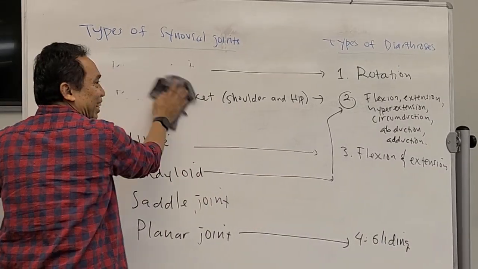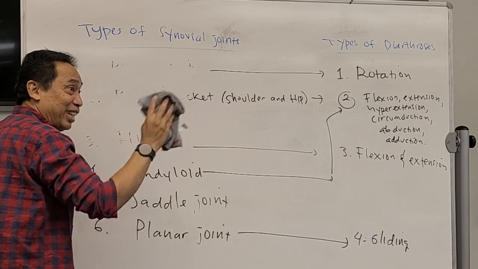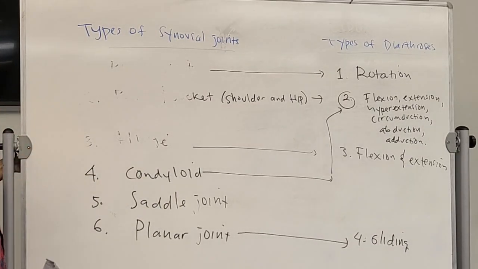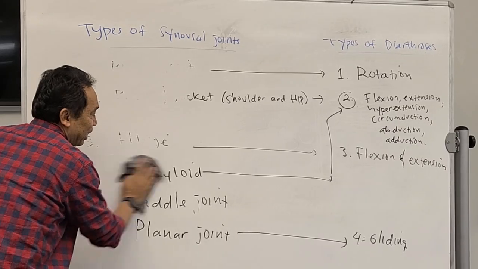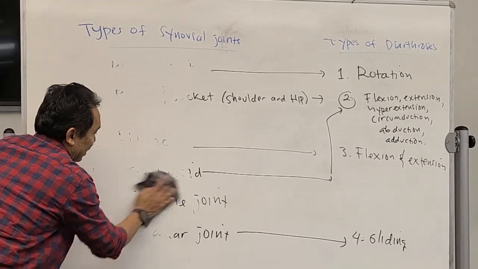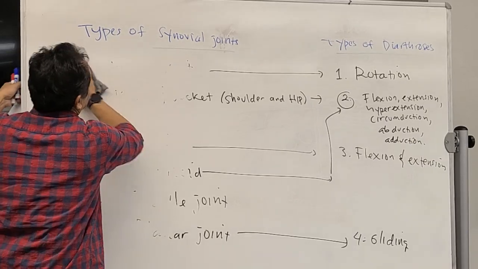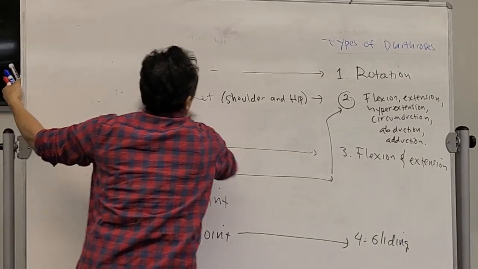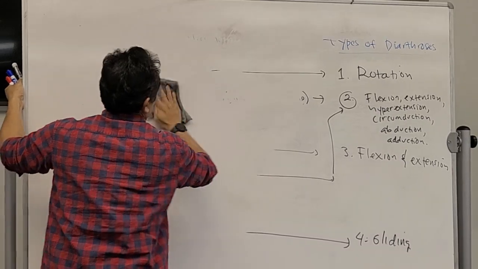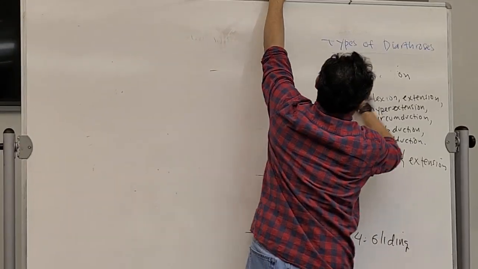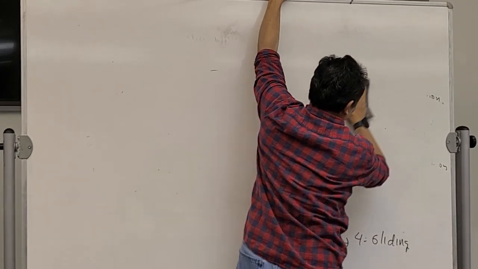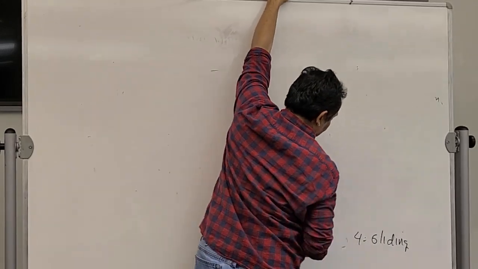All the diseases related to the arthrosis or joint are called arthritis, but there are several types of arthritis. Arthritis means joint inflammation. Okay, joint inflammation, and most of the time it's painful.